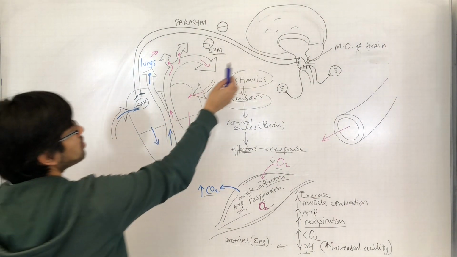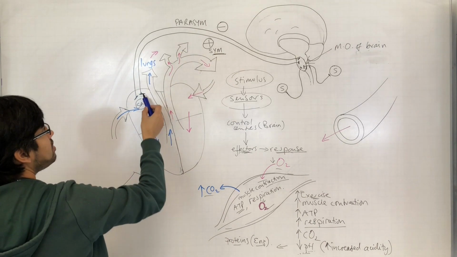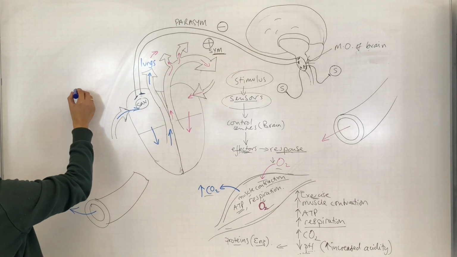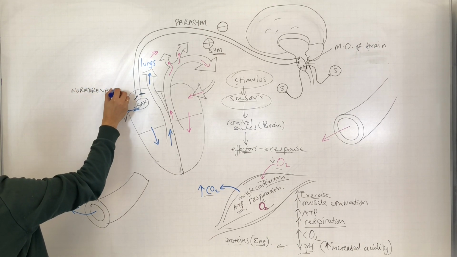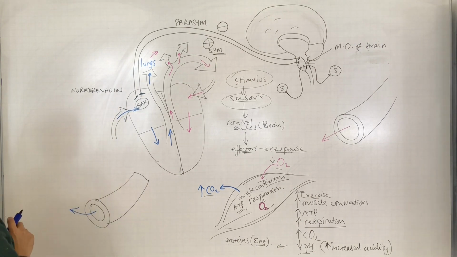Now, the sympathetic nerve releases the neurotransmitter noradrenaline.